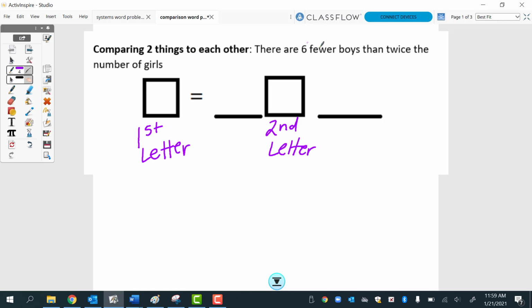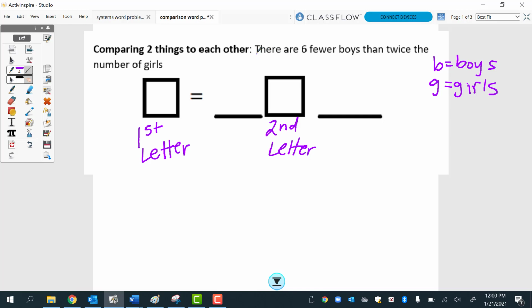But in this example, there are 6 fewer boys than twice the number of girls. Obviously, we're talking about B for boys, and G for girls. When I'm reading this sentence, did I read the word boys or girls first?